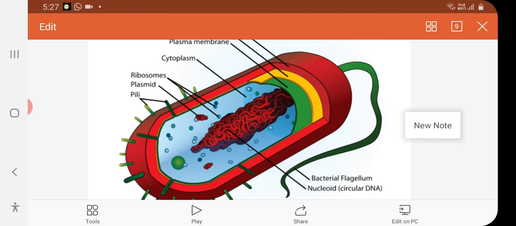It is a lipoprotein layer, having lipid content and protein content. Moreover, in bacteria, the plasma membrane also produces some external organs like flagellum and pili, etc.